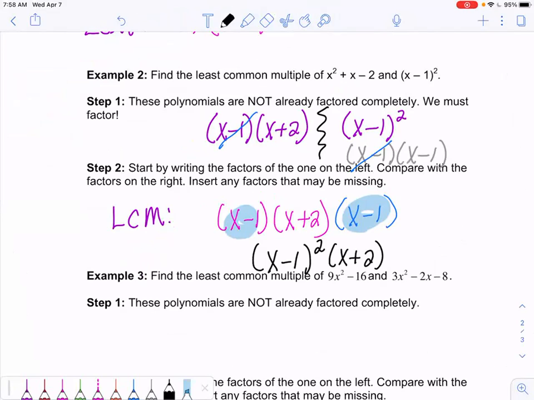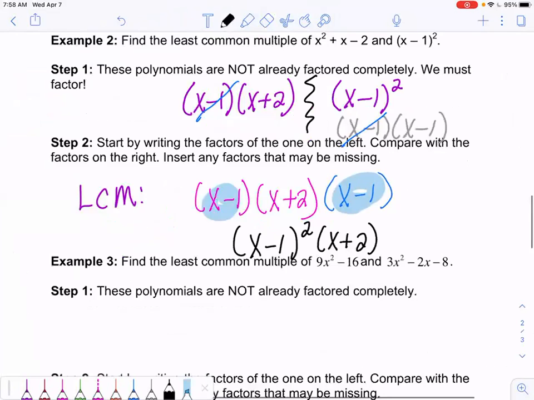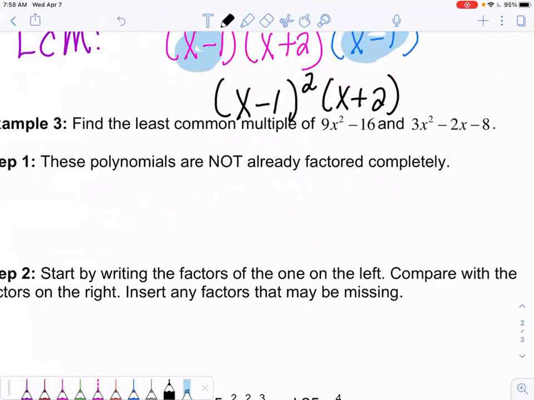All right, so looking at example 3, find the least common multiple of 9x squared minus 16 and 3x squared minus 2x minus 8. Factor first.